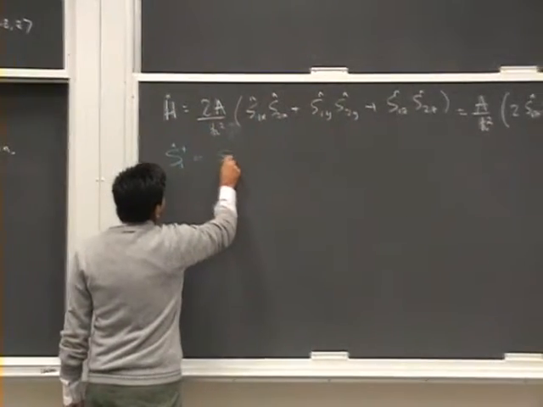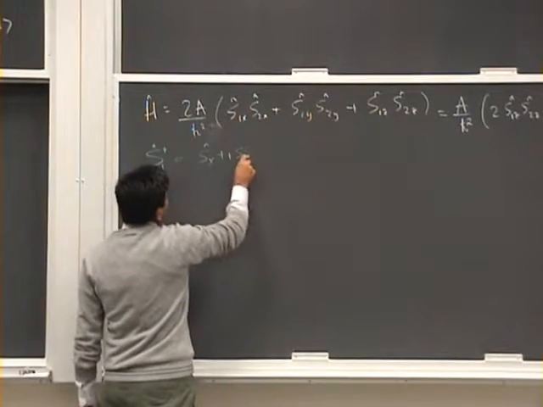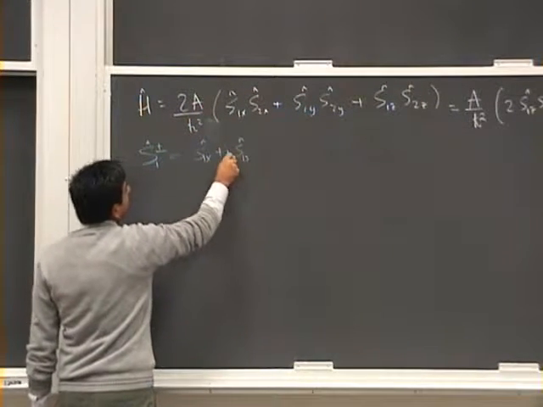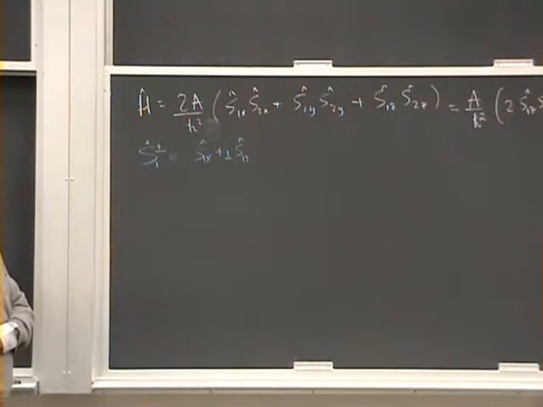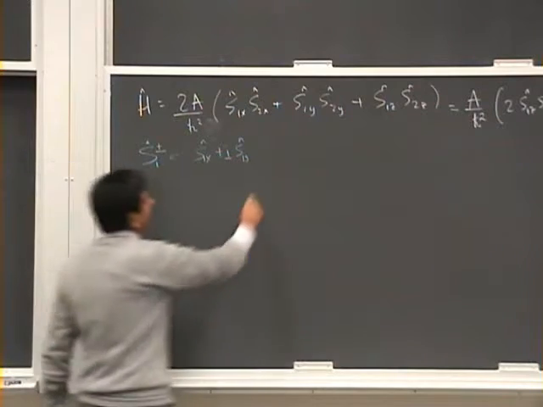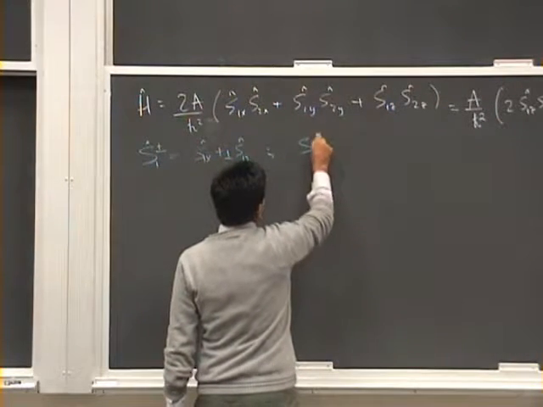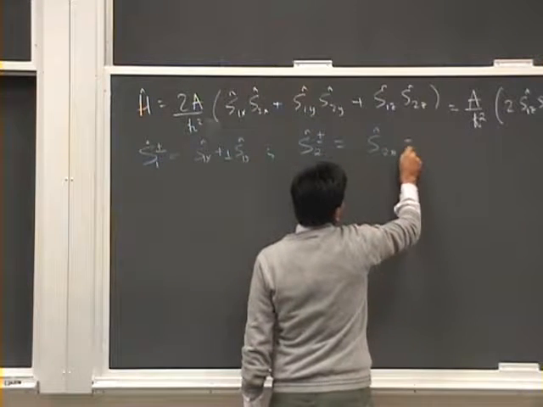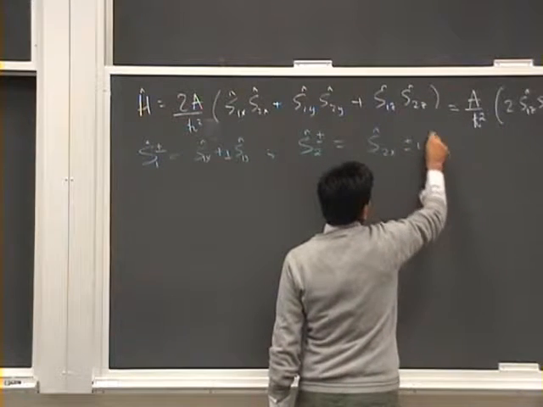This is really Sx plus iota Sy, and S1 minus is Sx minus iota S1y. Likewise, S2 plus minus is S2x plus minus iota S2y.